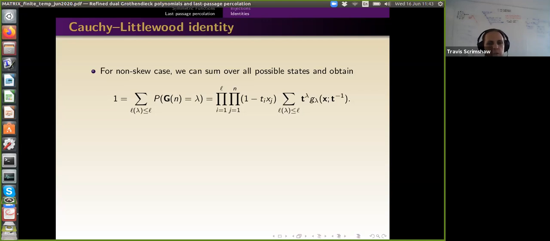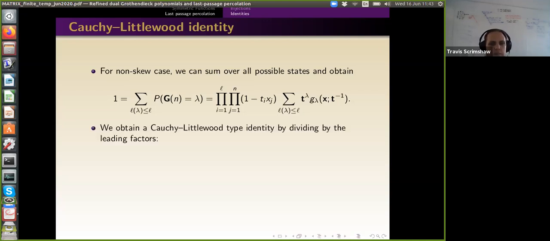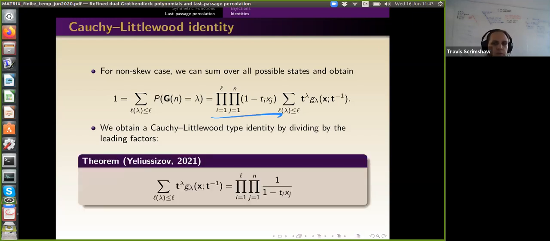So if we just sum over all possible states, we actually get a Cauchy-Littlewood type identity by just dividing out by these factors, which was originally proven by Yeliussizov in a paper that has recently been published. And how he did it was using some algebraic manipulations, but we essentially get this identity for free from the probability viewpoint.